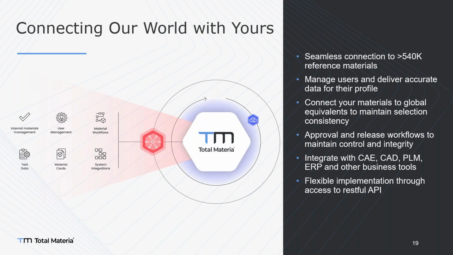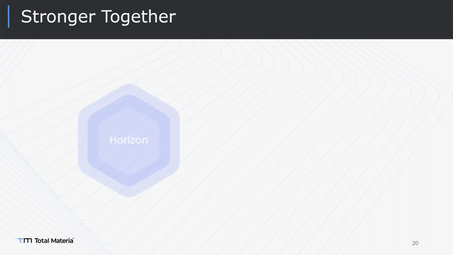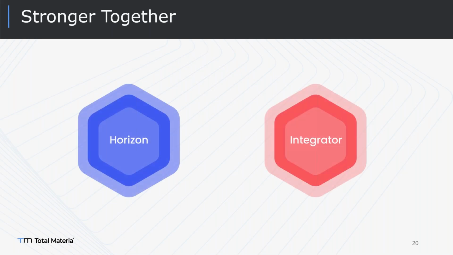And this will give you a very fast and easy workflow to take this material from purchase to production to become a product, right? So, flexible implementation to access the RESTful API. Security is our DNA, really.